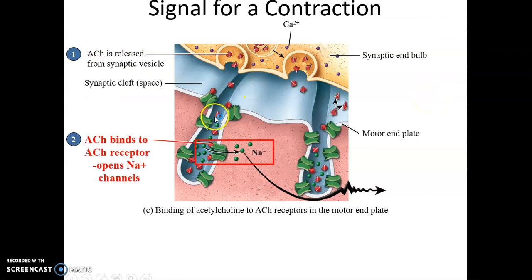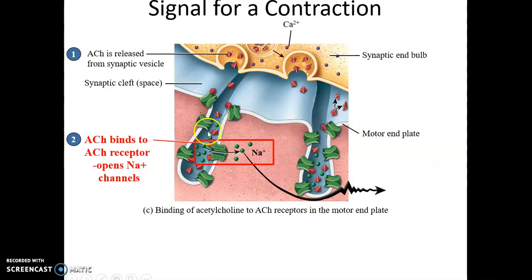When the acetylcholine reaches the motor end plate, it will bind to acetylcholine receptors. So there are these proteins, these transmembrane proteins attached and a part of the motor end plate.